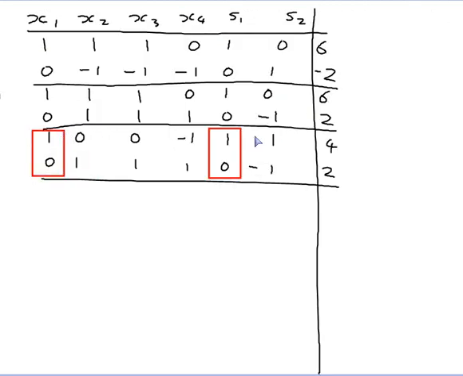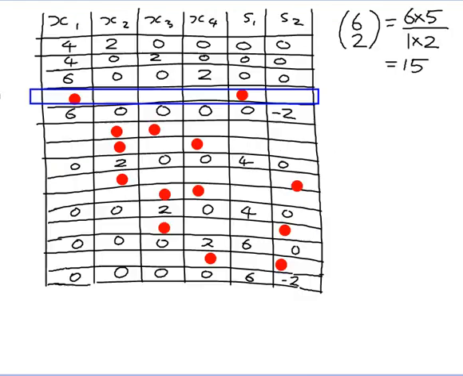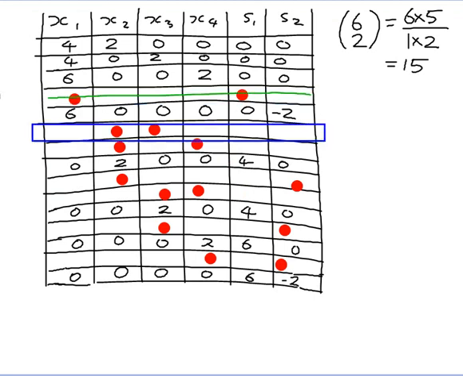If you look at that, those two columns are the same, so there's no way I'm going to be able to do row operations to get an identity matrix there, because that matrix isn't invertible. So it's not actually possible to get x1 and s1, so I'll write that information back on my table. x1 and s1 aren't possible, so I think I'll just cross them out.